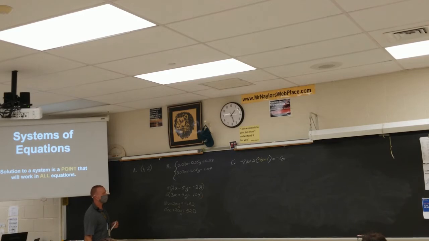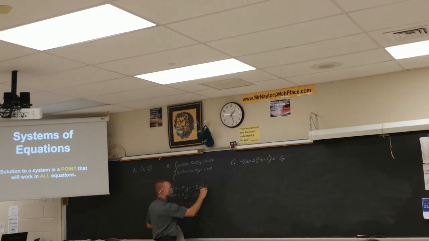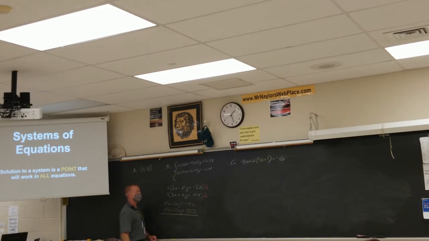It's not the only way to do it. Sometimes people will multiply by 3s and 2s. If you multiply by 3s and 2s, then you're going to make the x's become opposites. But you are going to need something to be negative. Maybe you'll multiply by -3.